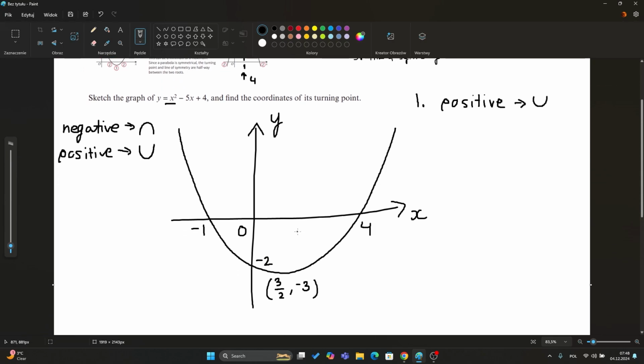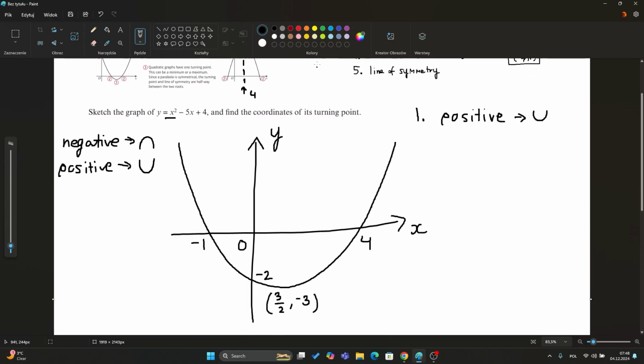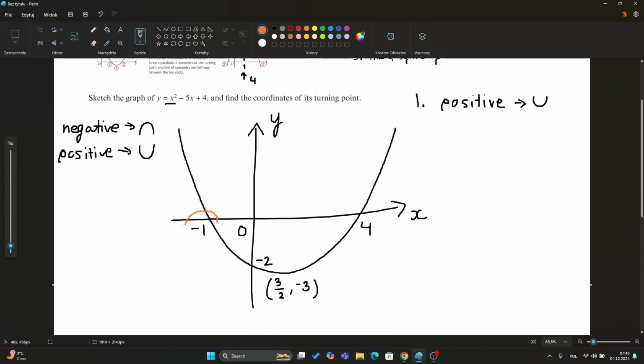Now the second thing that we need to know from the graph is the roots. Roots or solutions, whichever you want to call them, are those points where the graph touches the x-axis. Then there's the y-intercept, where the graph touches the y-axis, which is here. Also there is a turning point, which in this case is the minimum point of the graph, located at the lowest point possible.